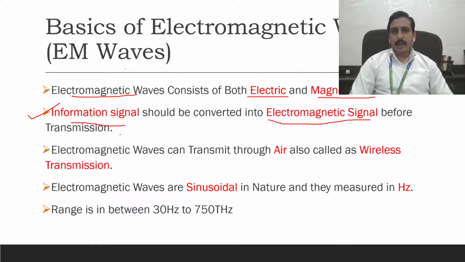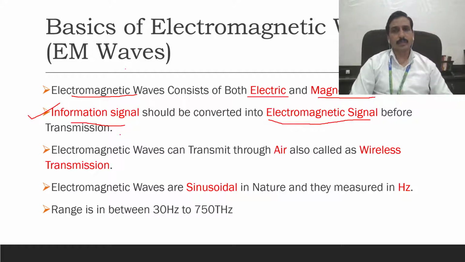First we need to convert it into a baseband signal like an electrical signal, and then that electrical signal is converted into an electromagnetic signal, because the property of electromagnetic waves is that they can travel longer distances, thousands of kilometers, without much affecting the information signal.